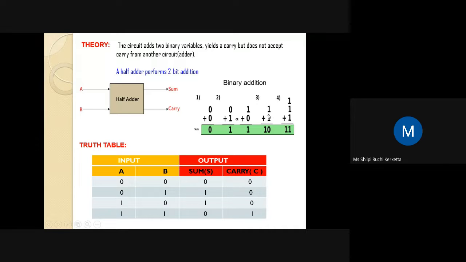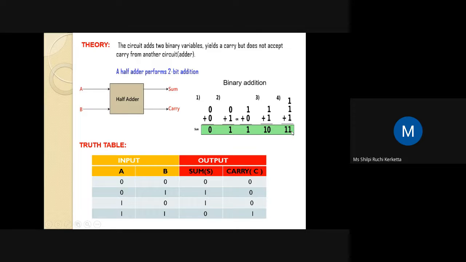And because 1 plus 1 is 2, we are getting a 1 0, because here 2 to the power 0 and 2 to the power 1. So 1 into 2 to the power 1 is 2. So 1 into 2, we will get a 2. And because there are 3, so we will add 1 0 plus 1. So we are getting 1 1. So if we put a 2 to the power 0 here and 2 to the power 1 here, we will add 2 plus 1.